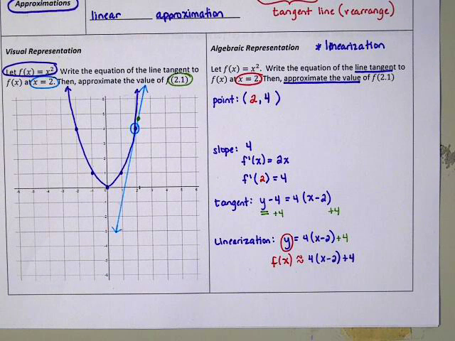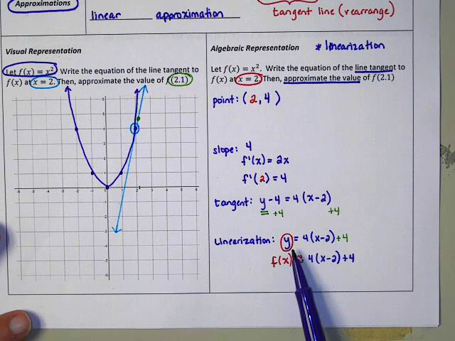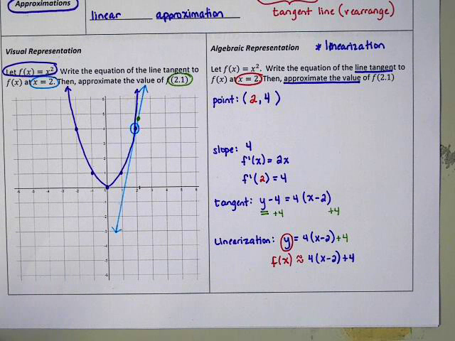So we're changing the y to f of x because we're using this equation to estimate values of f of x. So what we're saying is that these y values are approximately the y values of f.